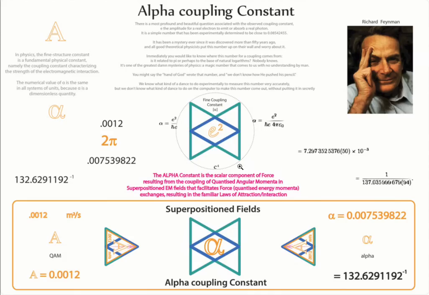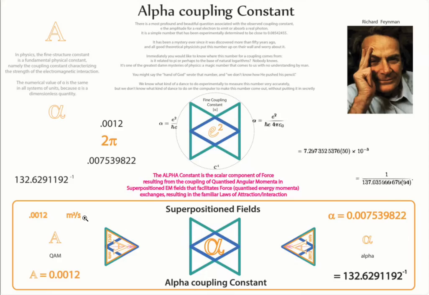Of course, we separate these fields out to look at the quantization of energy within the field, or mass, alpha for Planck's constant. Looking at both in terms of charge and in terms of Planck's constant, we quickly determine the value for alpha is 0.0012 square meters per second.